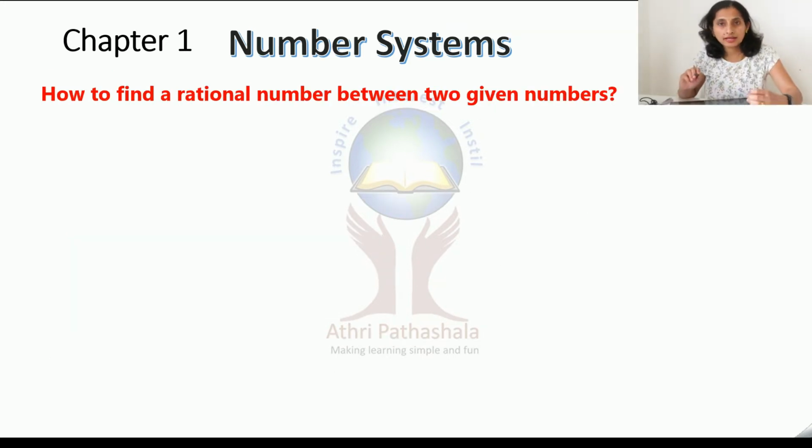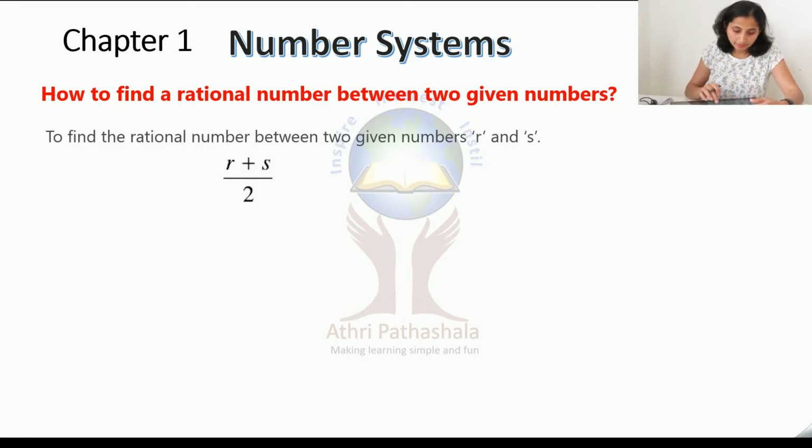Now, finding the rational numbers between two given numbers. To find the rational numbers between two given numbers r and s, we have to find the mean value of r and s by using the formula (r plus s) divided by 2.